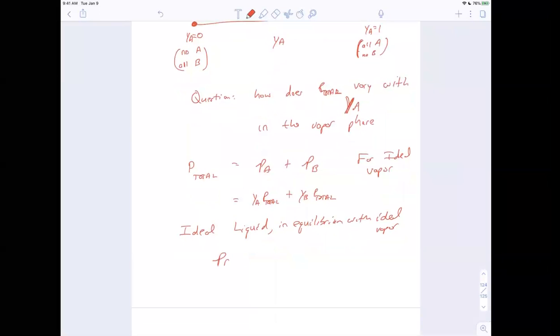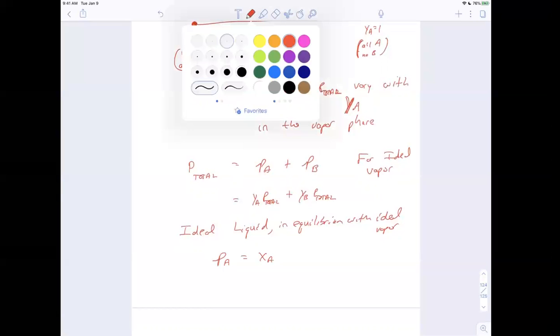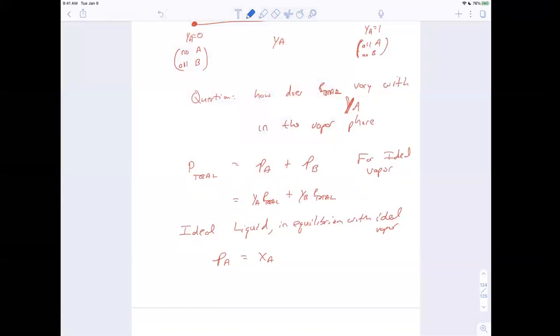So the partial pressure of A is going to equal the mole fraction of A in the liquid. So this is where we have a little bit of a need for care. So for an ideal liquid, remember we have in our system this liquid phase, which is ideal. It's going to exert a partial pressure.